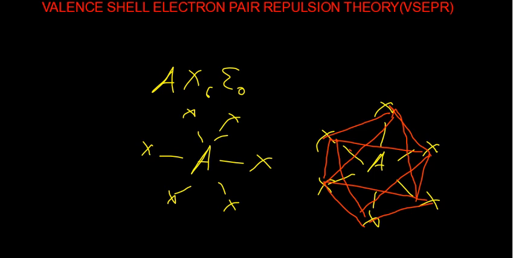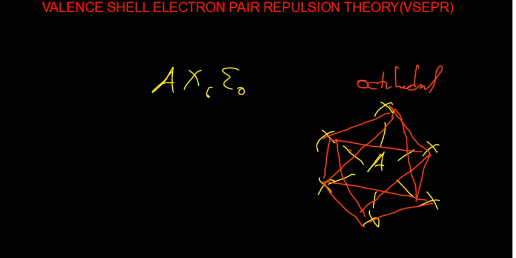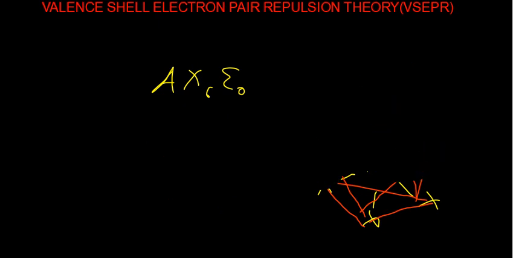Alright, so that is what we have, octahedral, both for the domain geometry and also the molecular geometry. That's octahedral. Alright. So we can have another one where instead of having all 6 atoms, we are going to substitute one with a lone pair of electrons. What shape is it going to become? So I have AX5 and then a lone pair of electrons. Okay, we have one pair of electrons in that way.